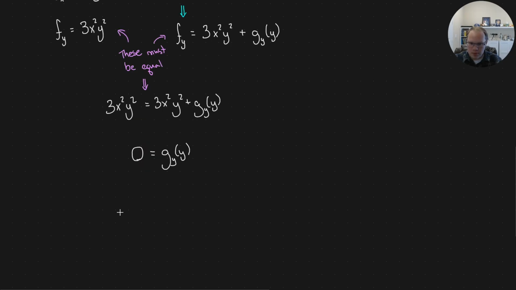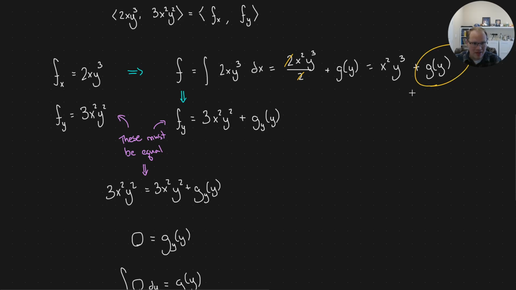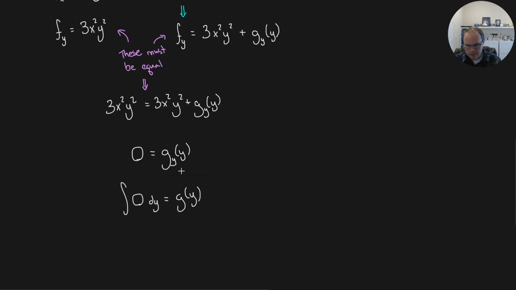So if I integrate with respect to variable y, I'll get my g of y function. If I can find that, then I'll have function f, my potential function. The integral of 0 is just a constant. And in this case, it is a true constant. I am integrating only with respect to y, and the function only involves y, so this constant does not involve x.